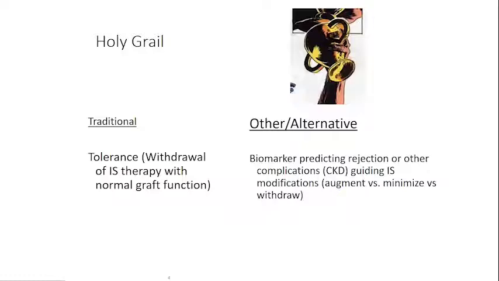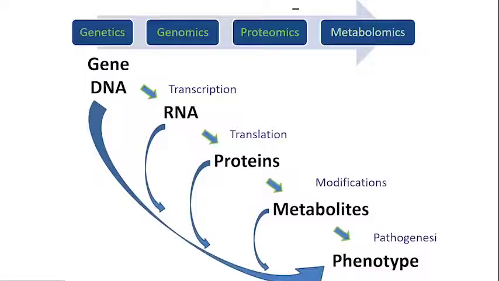So having a biomarker that can predict acute rejection to allow one to modify immunosuppression, or predict complications of immunosuppression, particularly chronic kidney disease, would allow clinicians to modify therapy in advance and be able to augment or minimize immunosuppression in a safer way, so that rejection is not occurring at a really high level when you're trying to do these interventions. I think it's important to think about biomarkers in terms of omics.